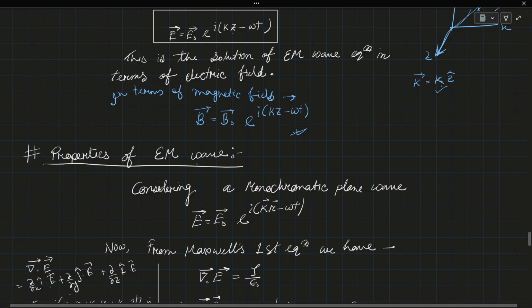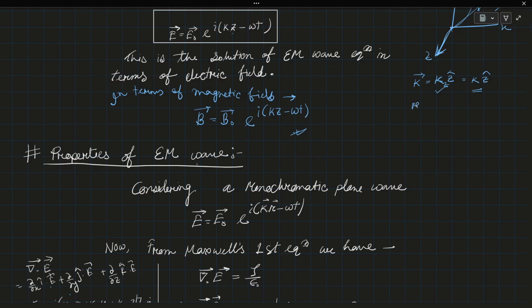So this is the kz component. Let's say kz equals k. For simplicity, I am writing it as k z cap. So the k vector can be replaced by k z cap, since the wave is moving only in the z direction and there will be no component in the x and y directions.